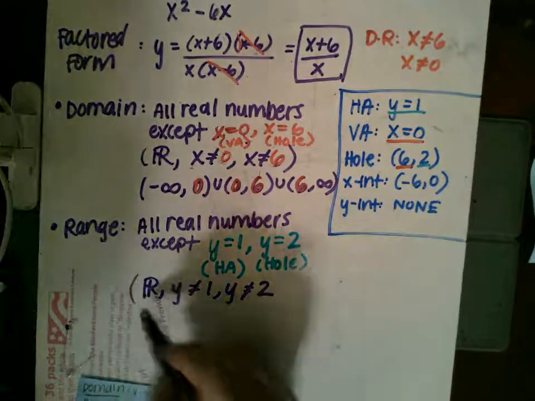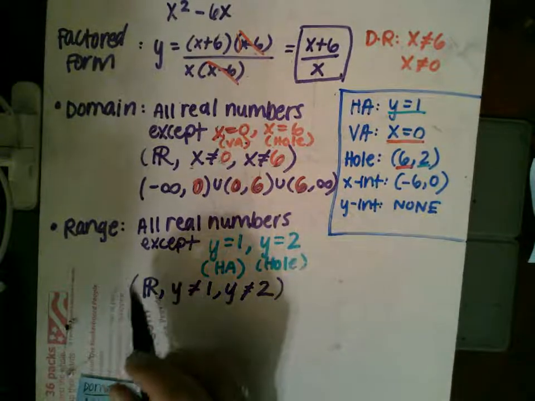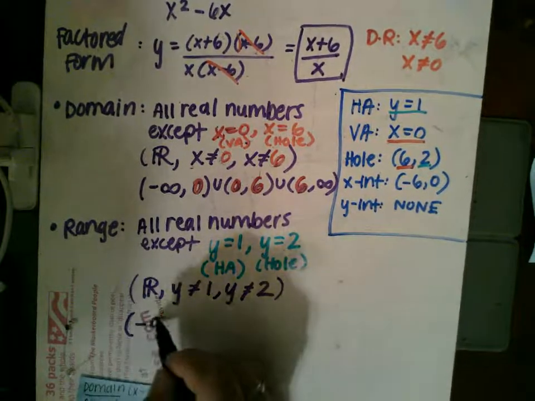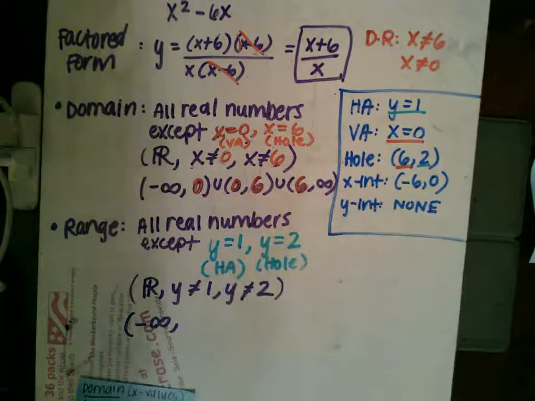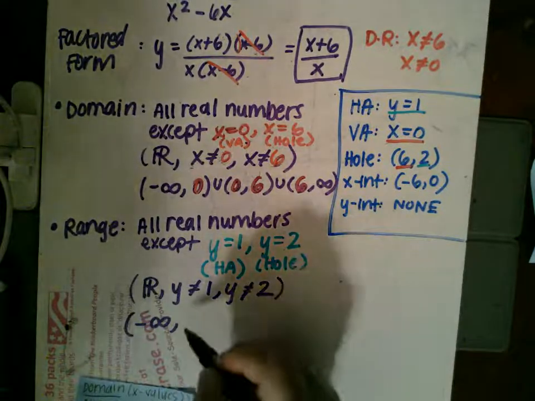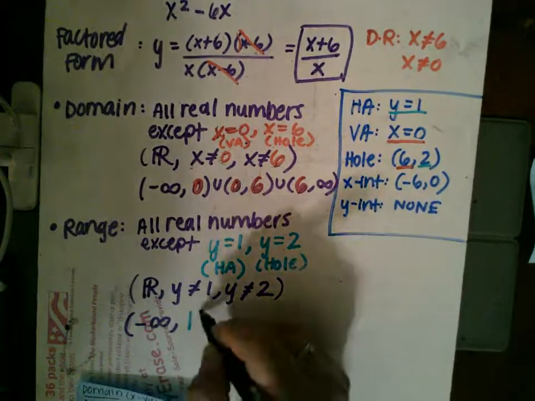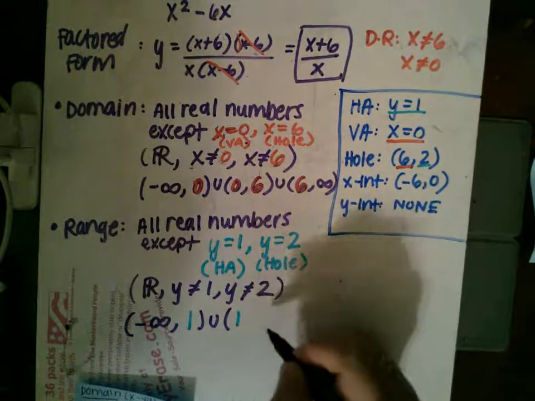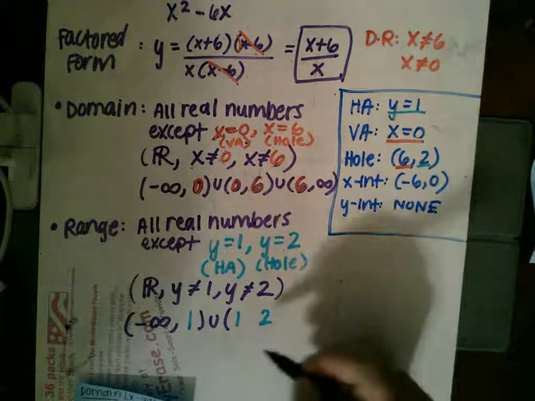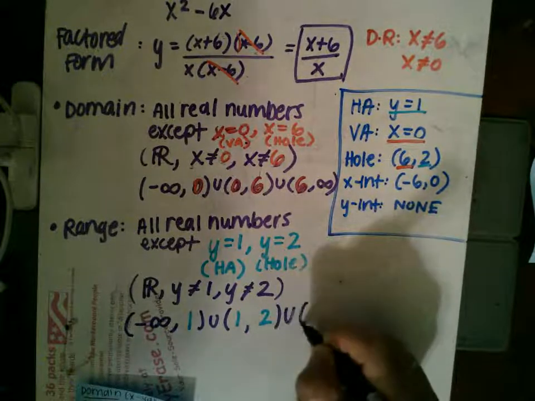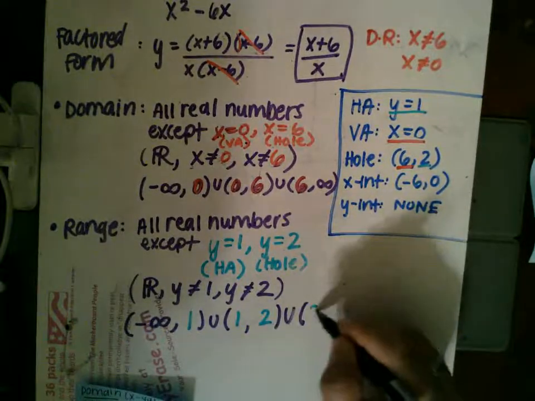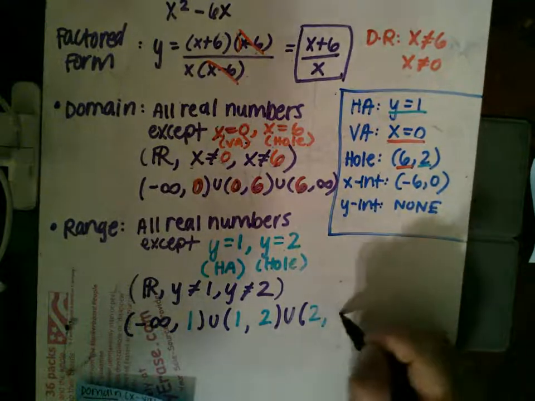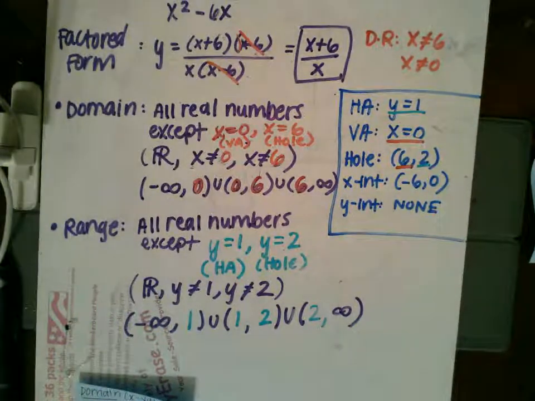Or if you like interval notation, it would go from negative infinity to 1, the smaller number. We have a break. We go from 1 to 2, have a break, 2 to positive infinity.